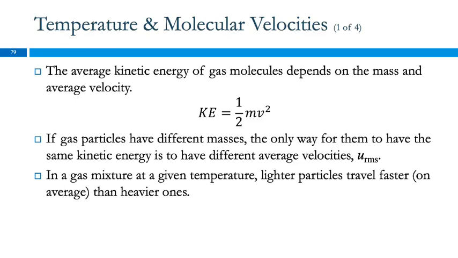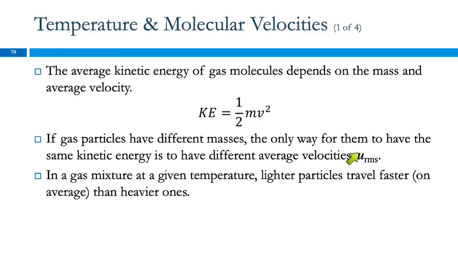The average kinetic energy of gas molecules depends on their mass and their velocity, and so we have this general equation. Kinetic energy is 1/2 the mass times the velocity squared. If gas particles have different masses, the only way they can have the same kinetic energy is if they have different average velocities. And the average we use here is kind of a weird one.